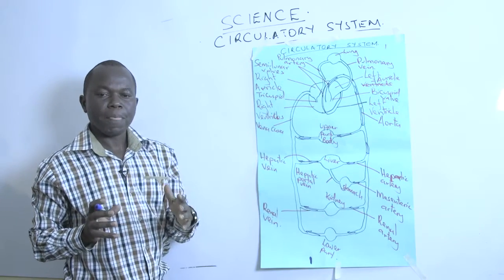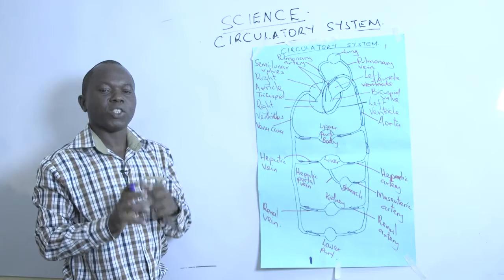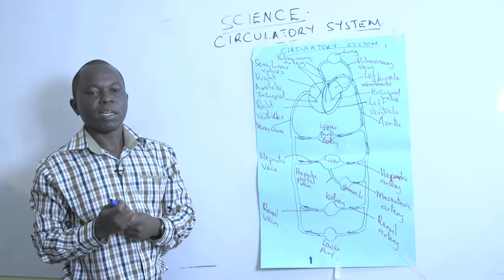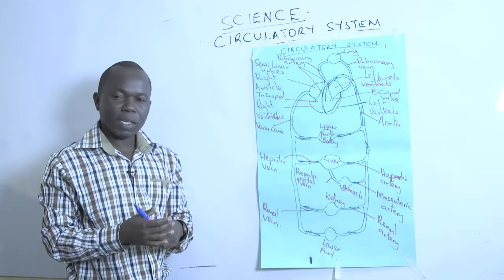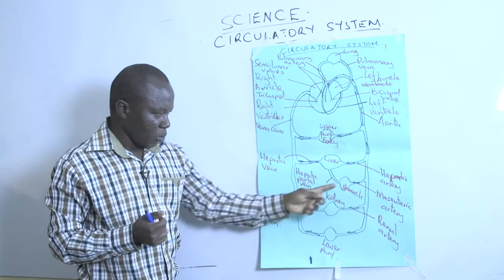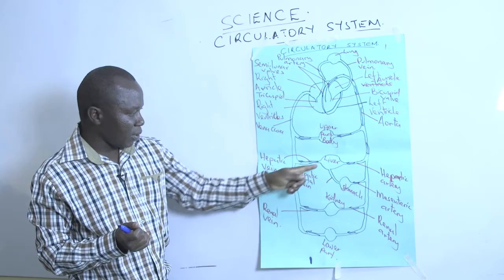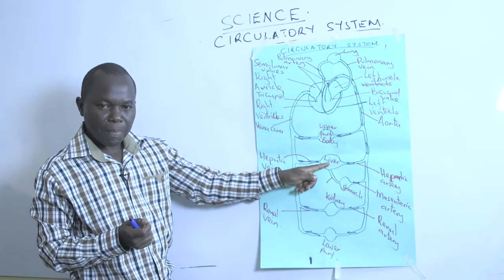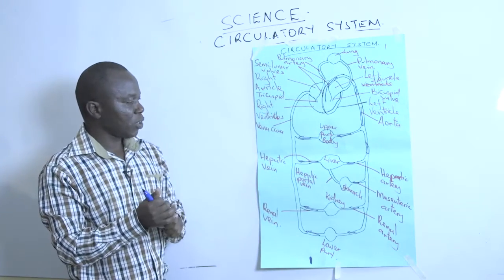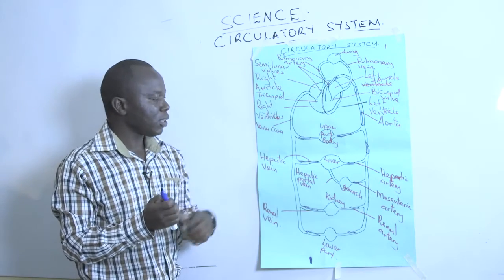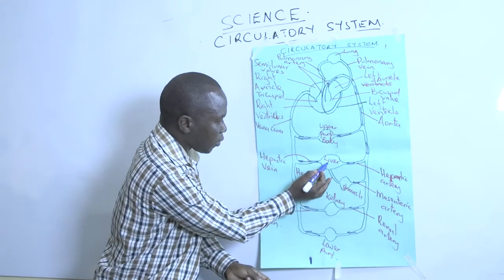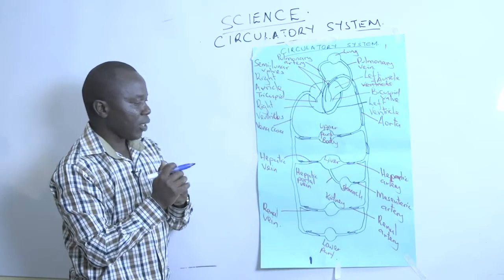Remember, in the stomach or in the intestines, we have digestion, for example, of carbohydrates. Carbohydrates are broken down to release a lot of sugar. Sugar must be regulated. How will it be regulated? In the liver, before it flows to the rest of the circulatory system. So because of that, it has to flow to the liver for sugar regulation.